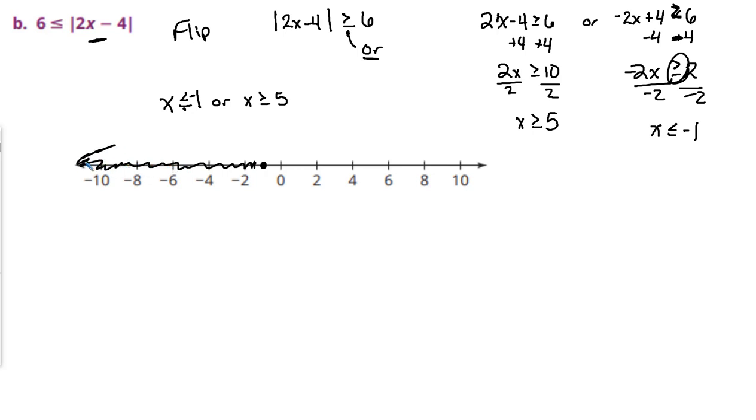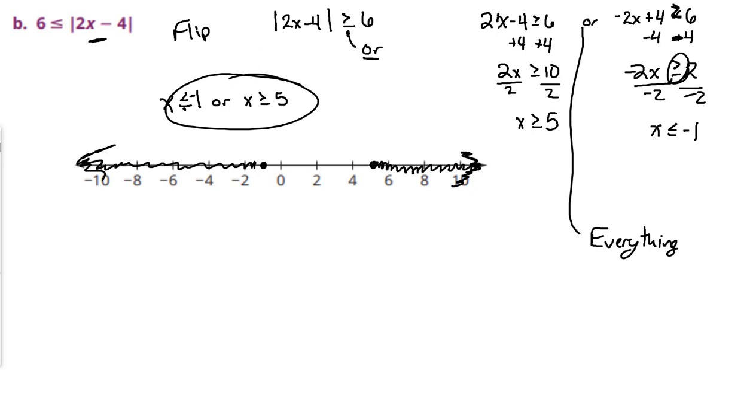And remember, "or" means everything covered. And so at 5, it is greater than or equal to 5, so that means I need to shade to the right. So that's our solution.